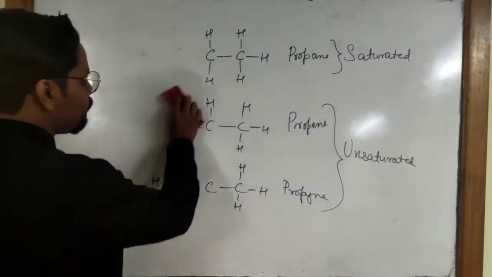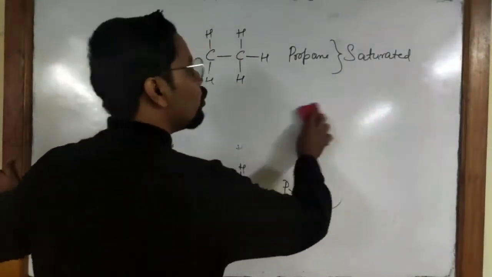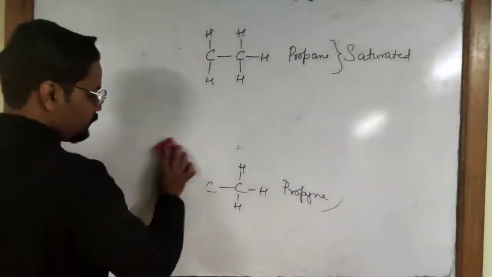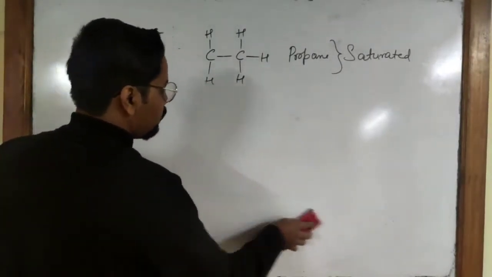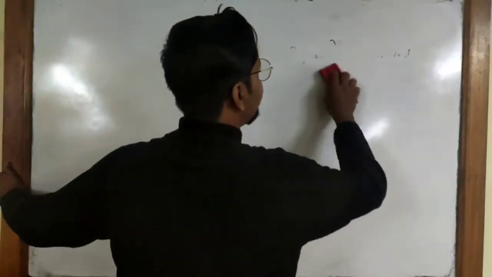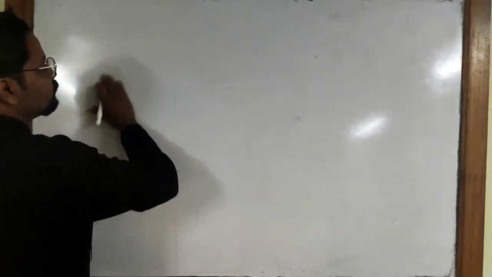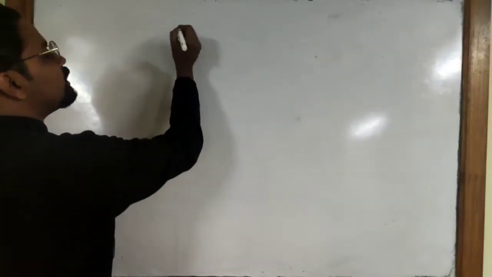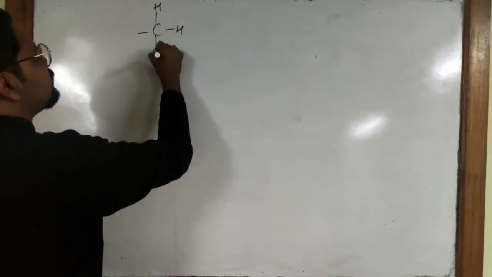Suppose I want to form compounds containing 1 carbon, 2 carbon and 3 carbon, all should be saturated. If I want all the carbon atoms to be saturated, then what do I get? Suppose single carbon can form this bond, nothing else.